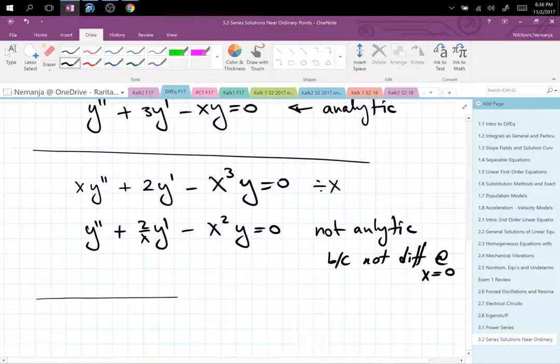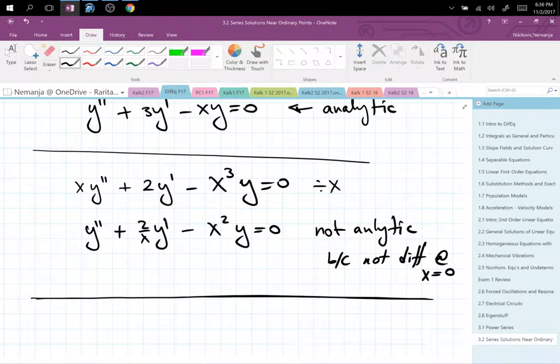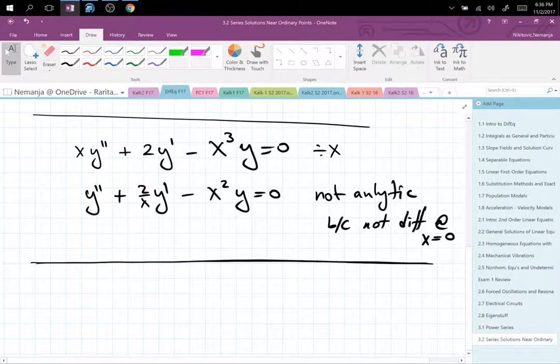So if we have a problem where you have the analytic, well, it's differentiable, we can use our power series expansion. Maybe I should write this as a rule.